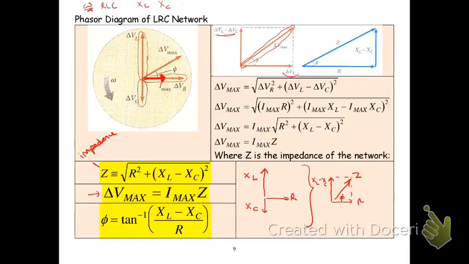I might ask you for R at the given frequency to see if you're thinking it through. I could ask you conceptually which leads, which lags, all that. I ask you to draw that and calculate Z. That's a typical sequence.